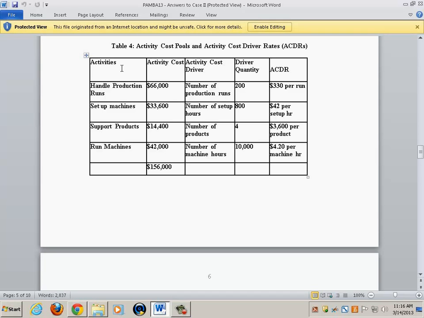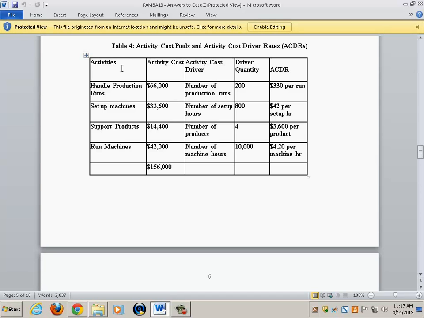So the ACDR, 20% of machine running costs. So the ACDRs are calculated. Any questions about the ACDRs?